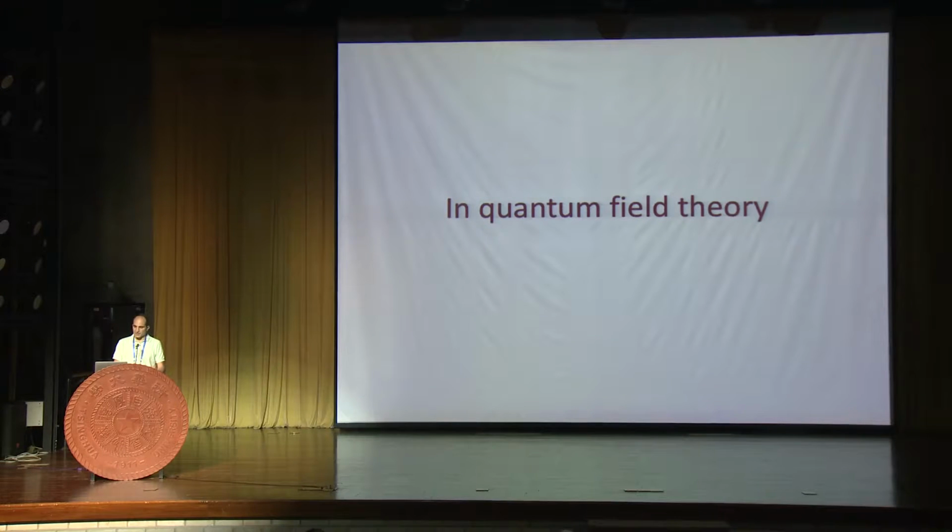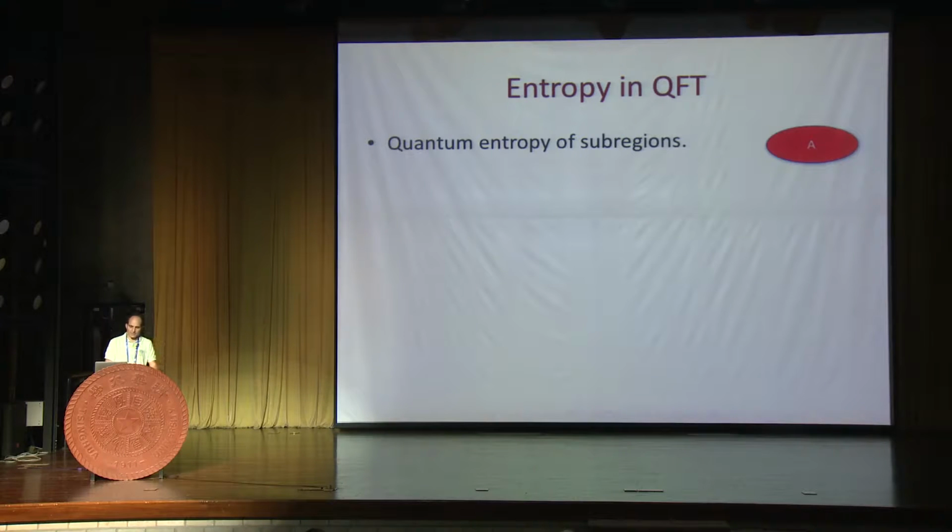So when we go to quantum field theory, we can consider quantum entropy in quantum field theory. A useful configuration to consider is to restrict attention to a subregion of the full space. Even if we had a pure state in the full space, when we restrict to a subregion, we will have a mixed state, and we can calculate the entropy of that mixed state density matrix.